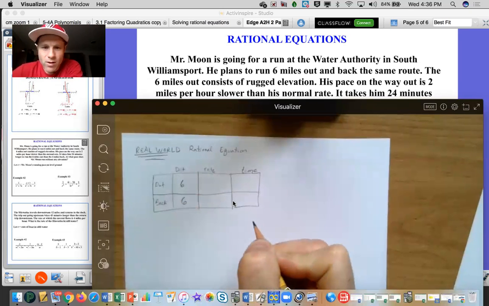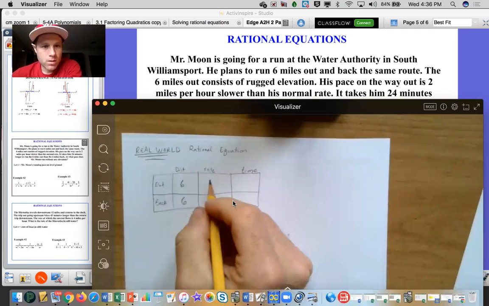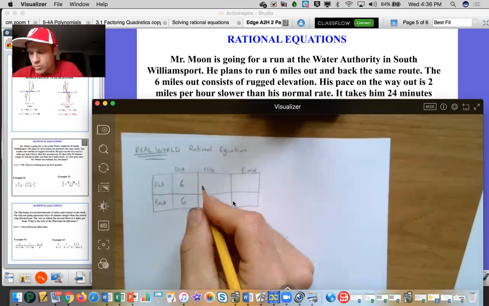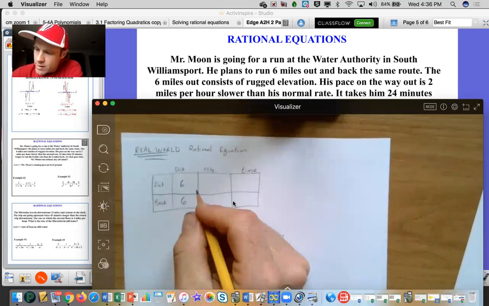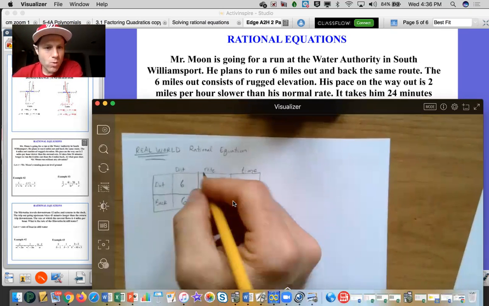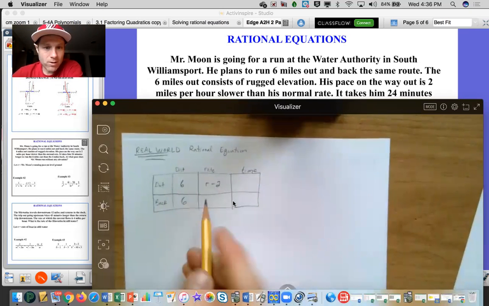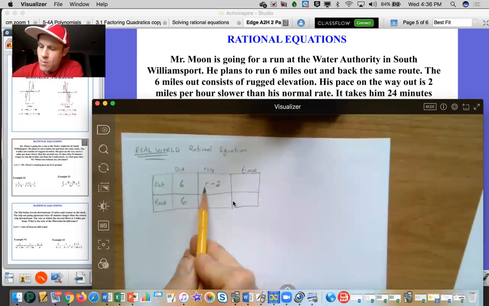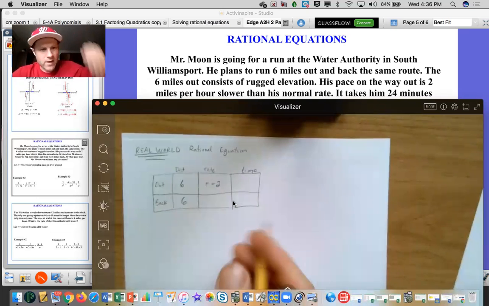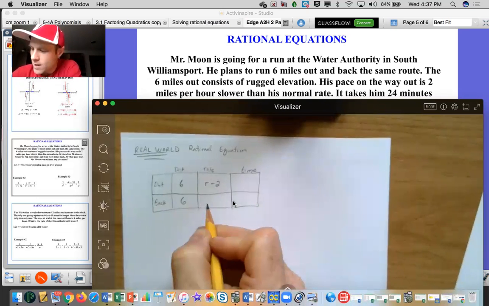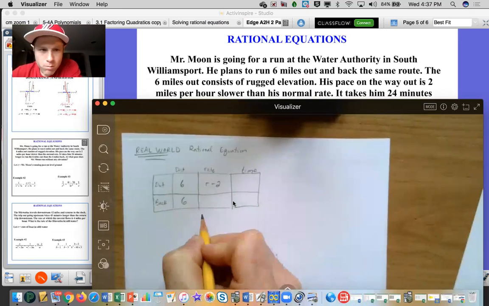The rate on the way out is slower because I have to go up those hills and up those rocks. So the rate is 2 miles an hour slower. So whatever my rate is, R on flat ground, R - 2. The rate on the way back, I'm going downhill. I'm ripping. Yeah, we're ripping. That would be R + 2.